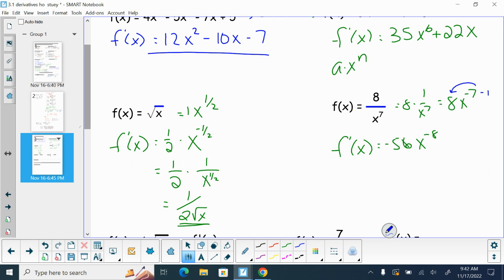So I have negative 7 minus 1, which is negative 8, not negative 6 that a couple of you wrote down and had to erase. Once again, we need to put this into no negative exponents, simplified radical form, which means I need to take this back down to the bottom. So we have negative 56 over x to the 8th power.